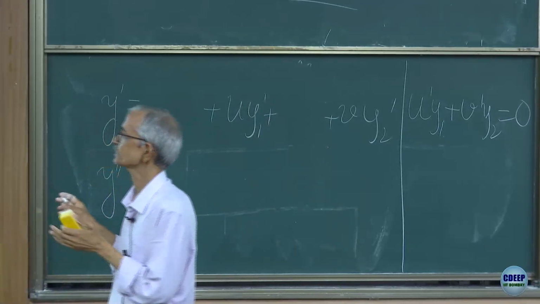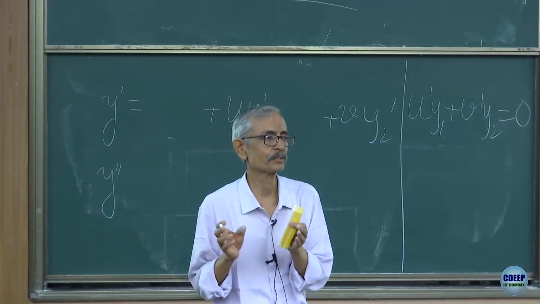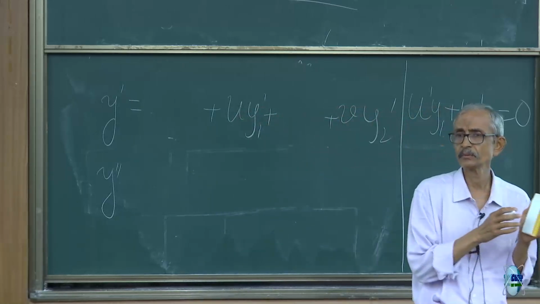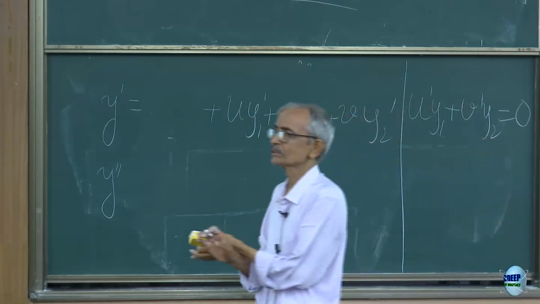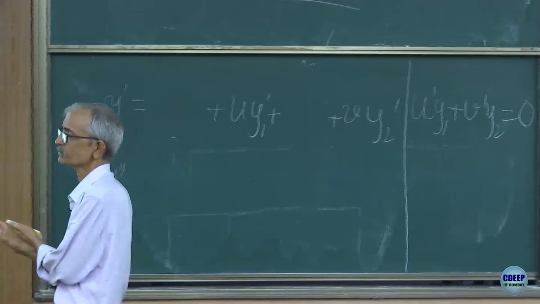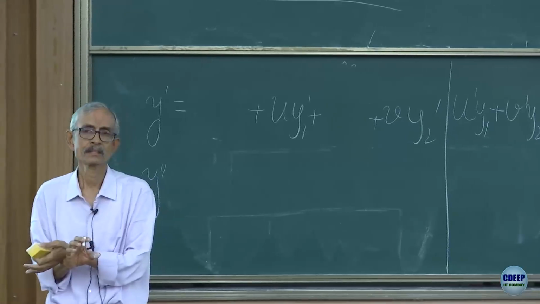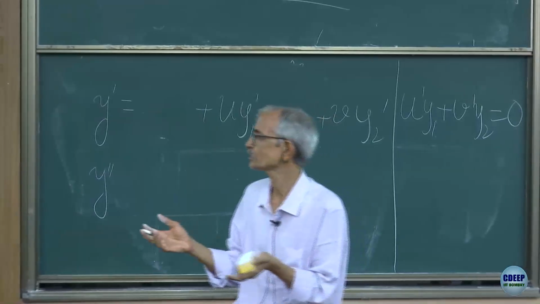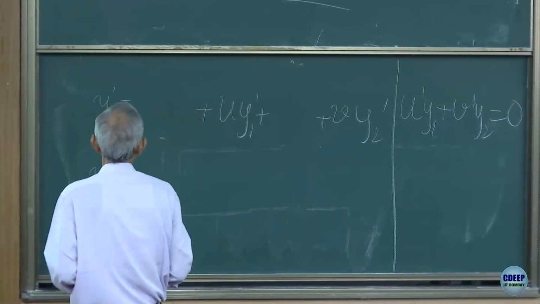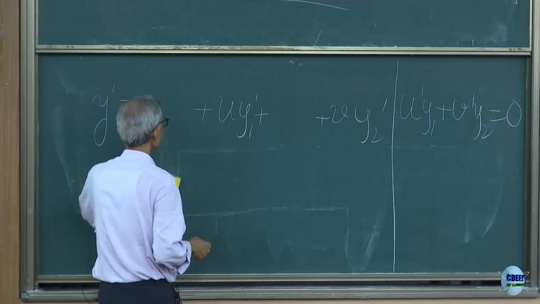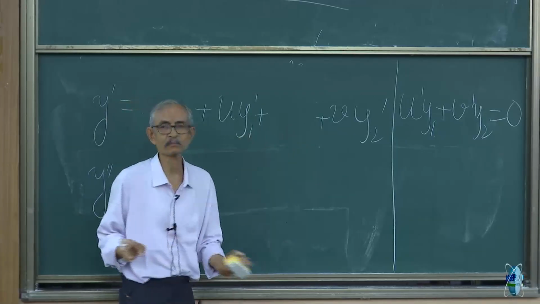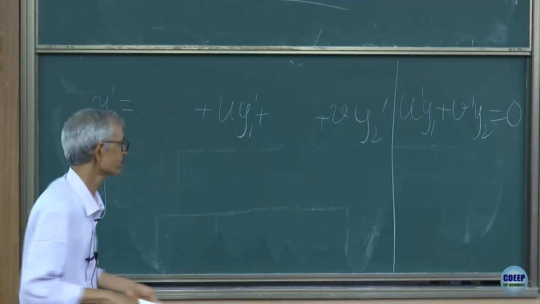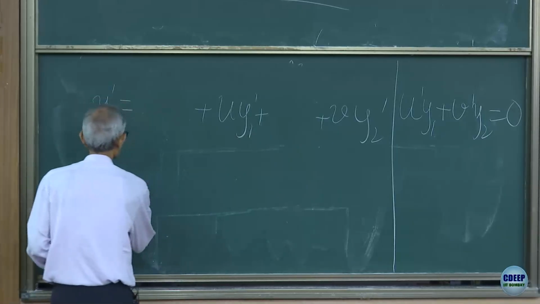We have said that my particular integral is some unknown parameter u times one of the solutions plus v times the other solution. If you plug this into the original equation, it should work. You started doing that, and then you said this is giving me too much work, so let me just get rid of a couple of terms. That's very smart of these guys to do.